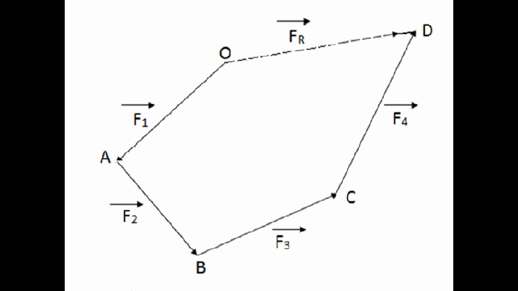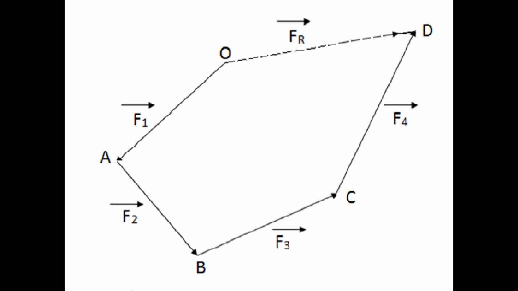So that polygon law of forces is used to find out the resultant force of a number of coplanar concurrent forces, and also to determine whether the force system is in equilibrium condition or not. If the polygon is an open polygon, the closing side is the resultant force, so the force system is not in the equilibrium condition.